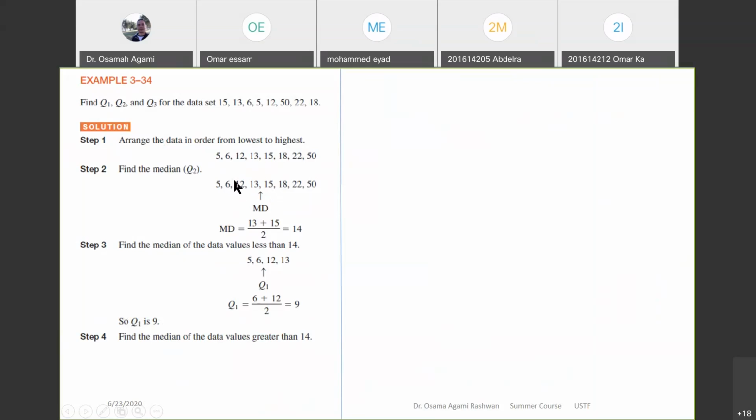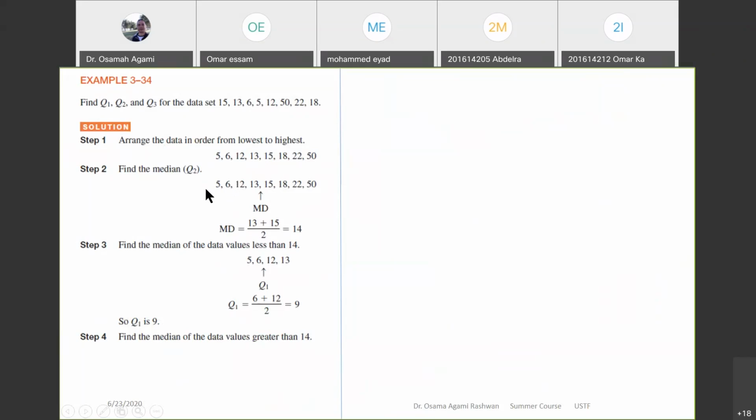So the Q1 will be lying here, right? But as I said again, I have an even number of data, so the Q1 will not be one of my data, but it's lying between the second and the third values after arranging them from the smallest to the largest. How can I get it? For Q1, I add 6 plus 12, which is 18, divided by 2 gives me 9.